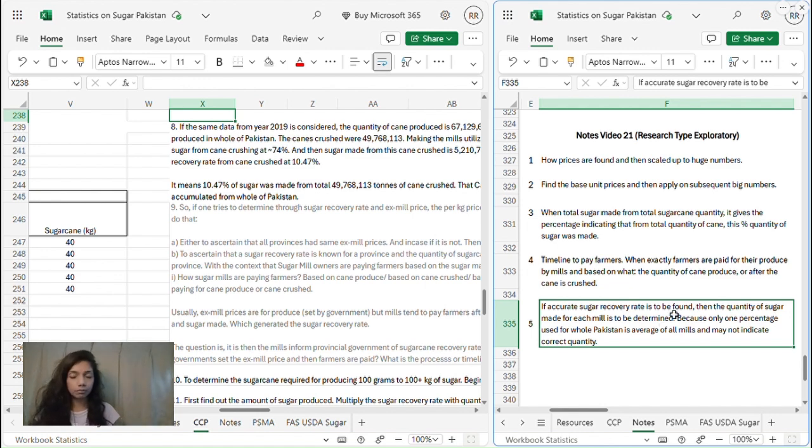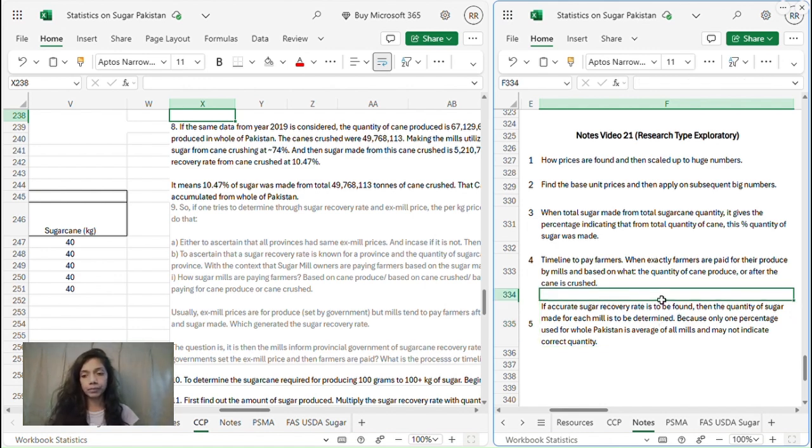That would be very beneficial, I think, for evaluation and forecasting. Accurate numbers always work well. So that was all for today, and then we're going to continue. Thank you.